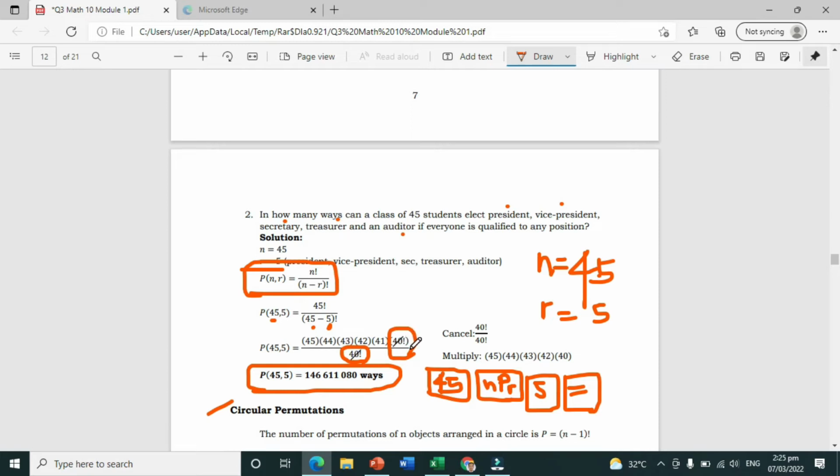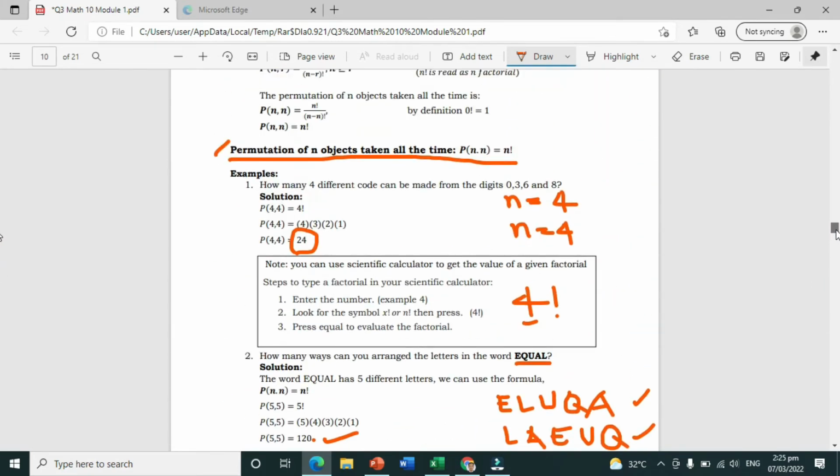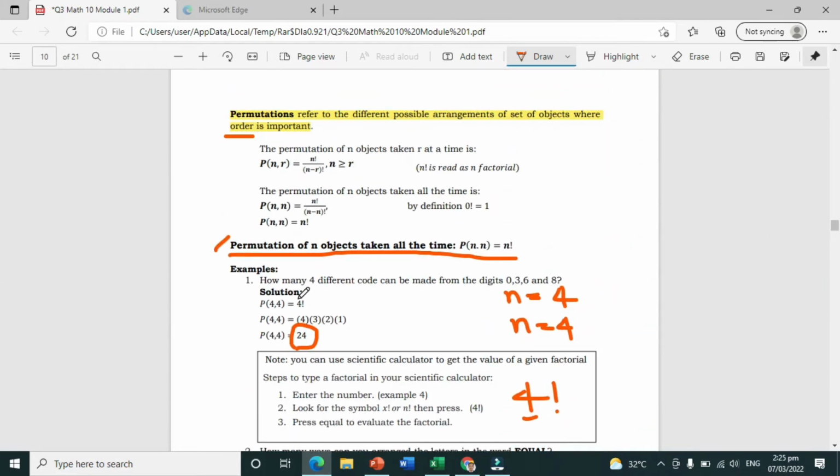Okay, so ito yung kaibahan ng all the time at saka r at a time. So balikan ko lang before I proceed. Pag sinabing permutations of n objects taken all the time, it means na sa objects na yan, lahat ng mga numbers at saka letters pwede mong gamitin. Okay?